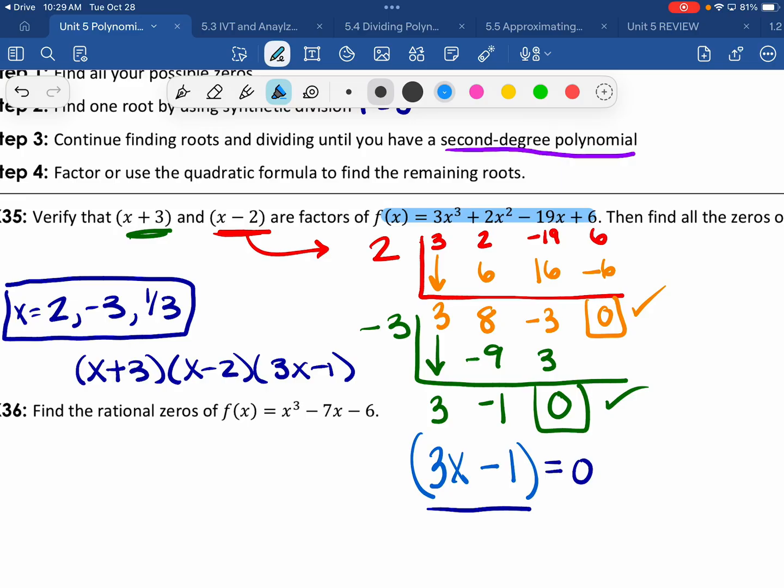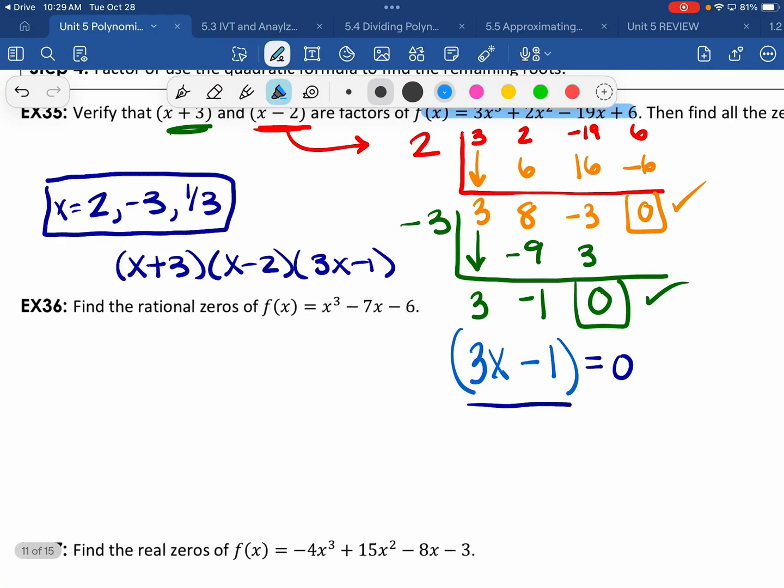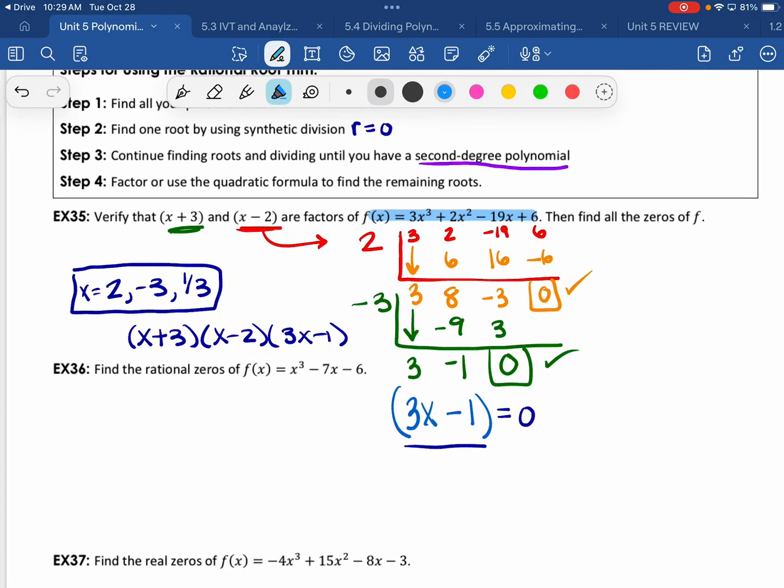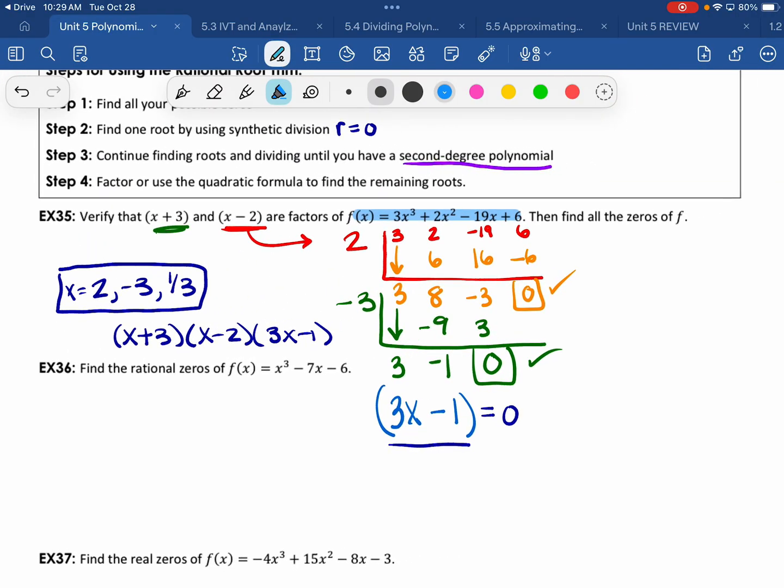All right, so I divided the 2 that were given, and I found the remaining 1 from my leftover. So which form would we write it in? The x equals or the factors? On this one, because it's just asking for the zeros, this is the answer. So just all the x equals. But if it asked for like the factors, then you would want it in the parentheses.